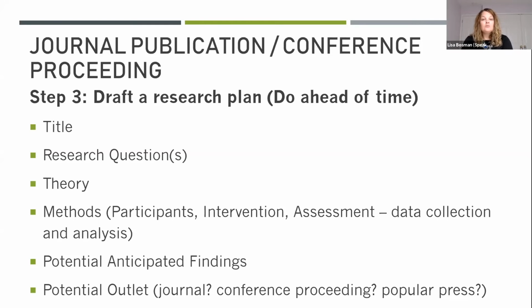And so here's where we put the practical implications, or really the reasons why this is important and how it's extending the body of knowledge, and why what we're doing is different from what other people are doing. And then the last one is the potential outlet. And here it could be a journal, a conference proceeding, or even the popular press that you might want to share this with.